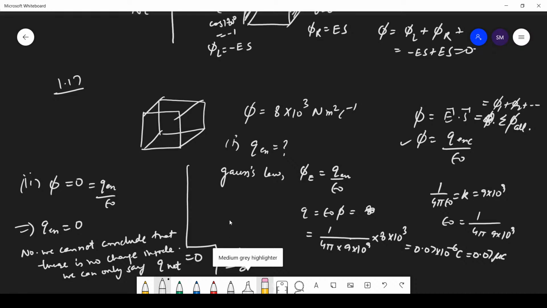So we cannot say anything about the charge. So charge enclosed is 0. So there can be two cases: either there is no charge inside, or there is equal and opposite charge inside, which is cancelling out each other.